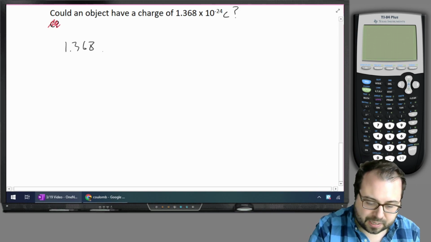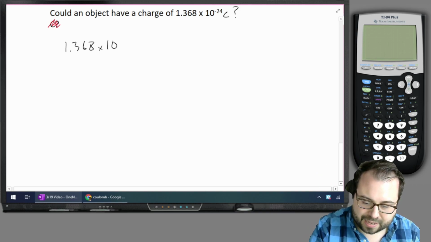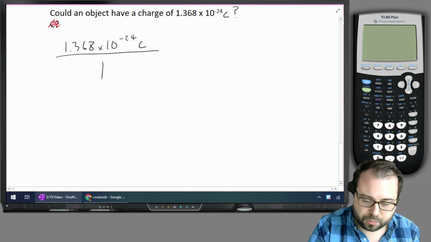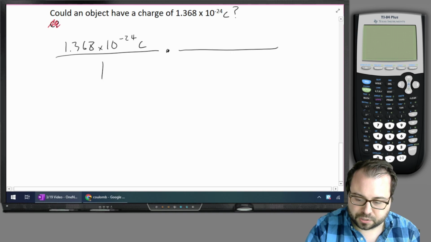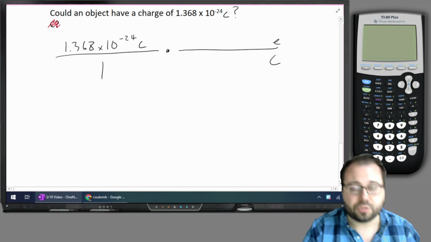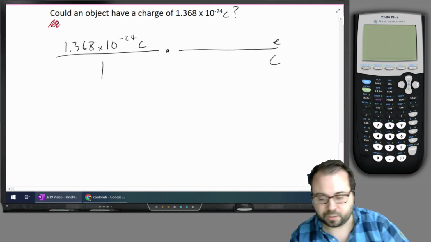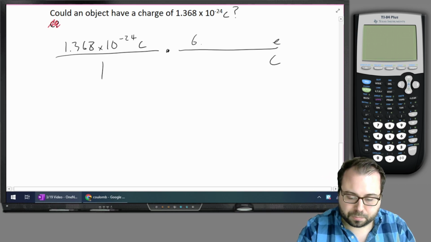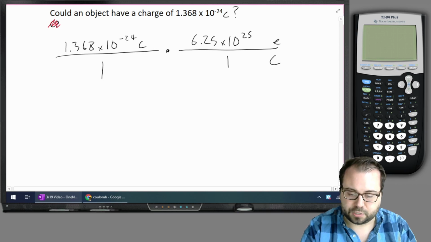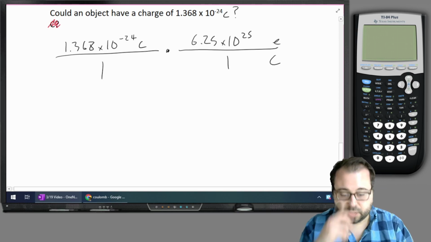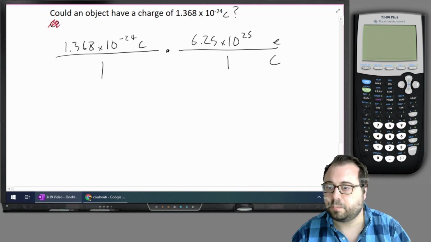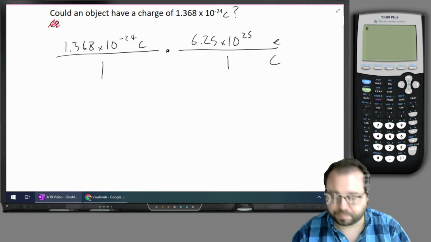So here we go. I've got 1.368 times 10 to the -24th coulombs. And I'm going to do the full dimensional analysis here just to give you guys a little more exposure to it. But again, like we said, we're multiplying by 6.25 times 10 to the 25th elementary charges. So let's do it. Back to our calculator, we'll turn it back on.